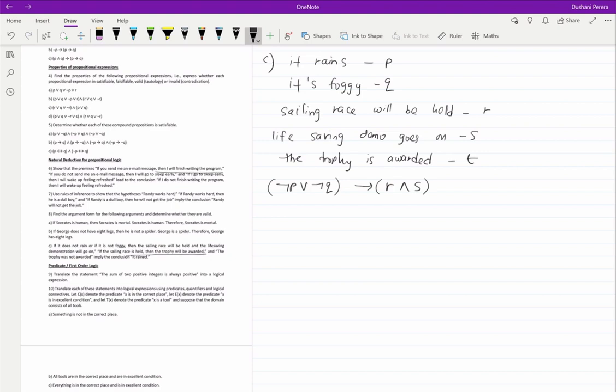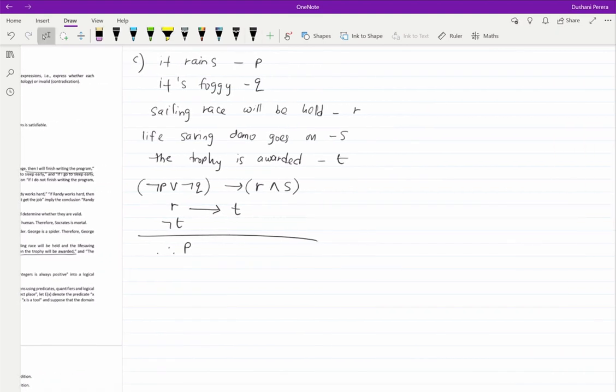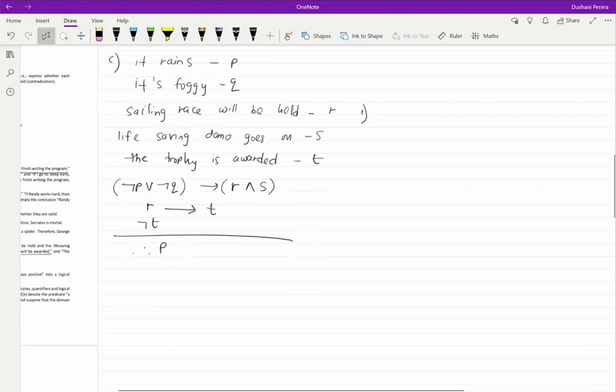If the sailing race is held, then the trophy will be awarded. And finally, the trophy was not awarded. The conclusion is, it rained. Okay, so let's see what we can do. I'm first going to take our second premise, R implies T.